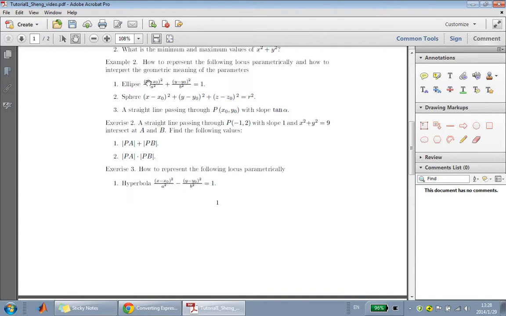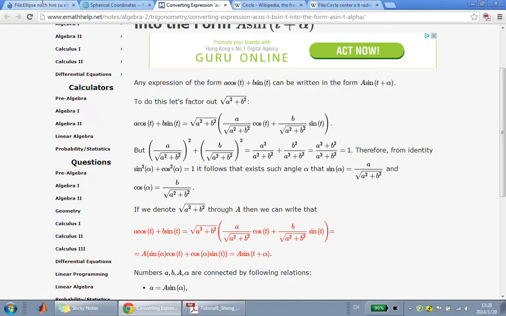Then we know that for the ellipse, the parametric representation is x0 plus a cosine t, and the y coordinate is y0 plus b sine t. Then you may ask, what's the geometric meaning of that t?